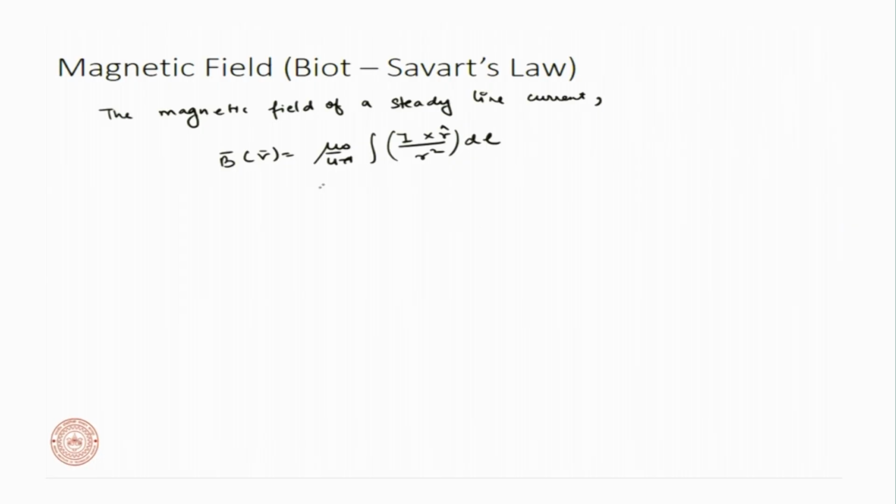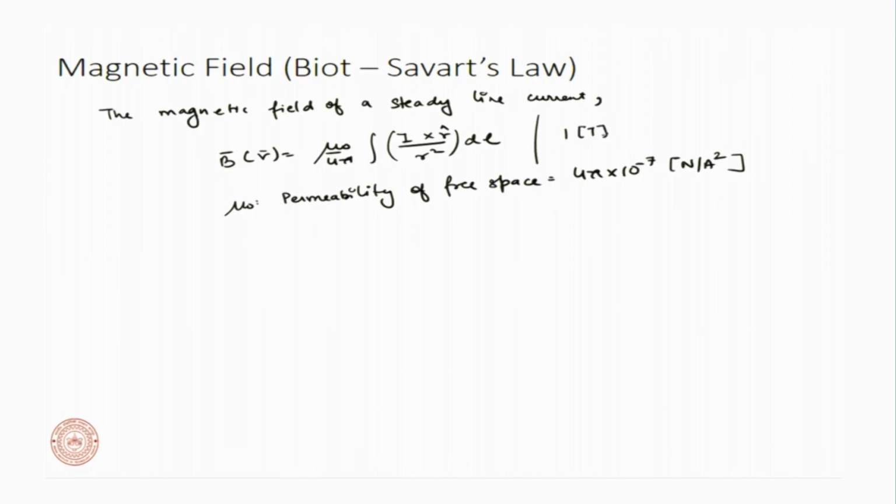It is equal to mu naught by 4 pi, where mu naught is the permeability of free space or absolute permeability, and is equal to 4 pi 10 to the power of minus 7 newtons per ampere square. The output of this equation will give you the unit Tesla, and the Tesla in SI unit is equal to 1 Newton per ampere meter.